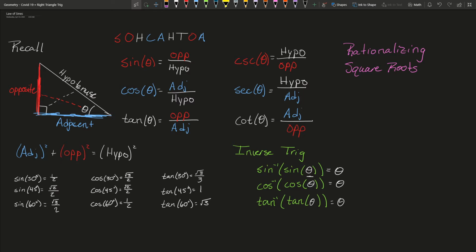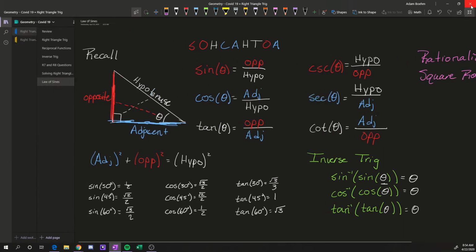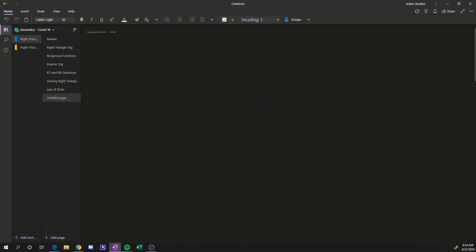So one of the questions says, just how do I know when I can simplify a square root and when should I not? When you simplify square roots, so say we have the square root of 27, you can only simplify square roots if you can factor out a perfect square from the thing underneath.